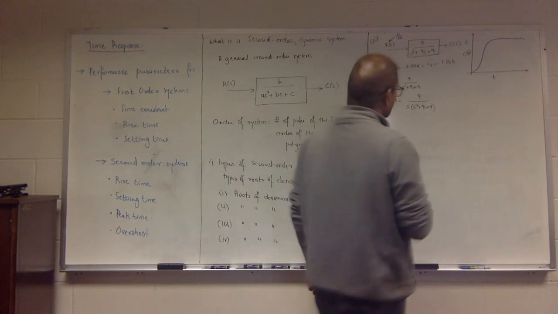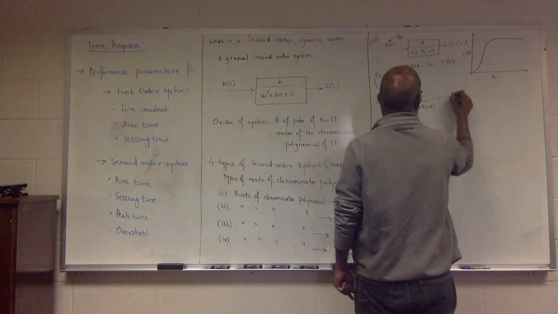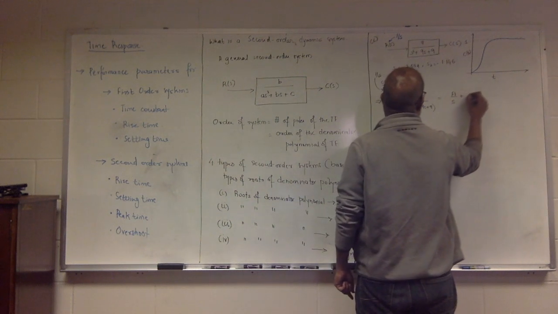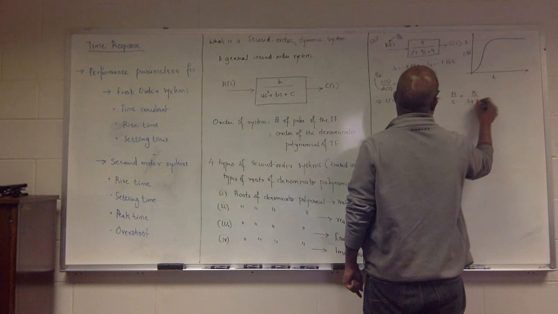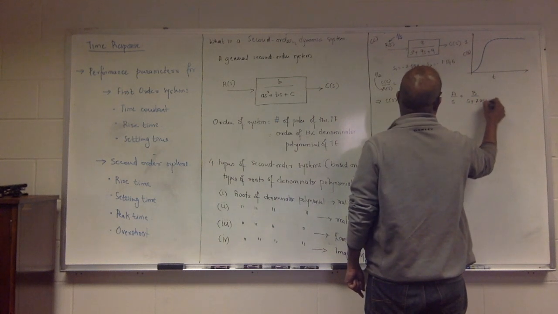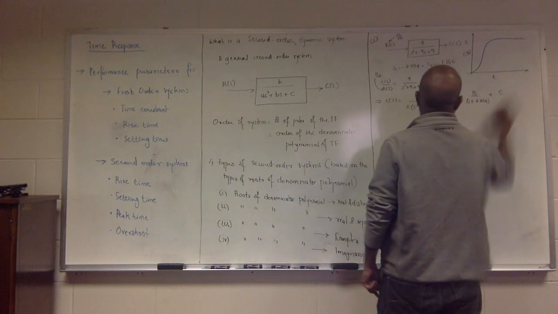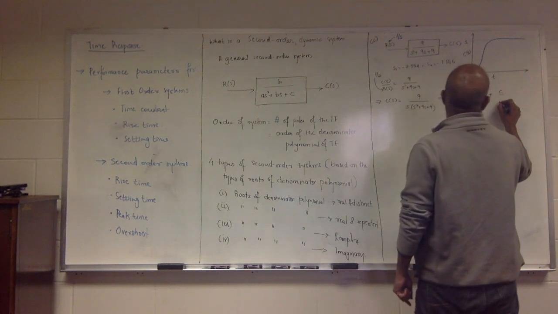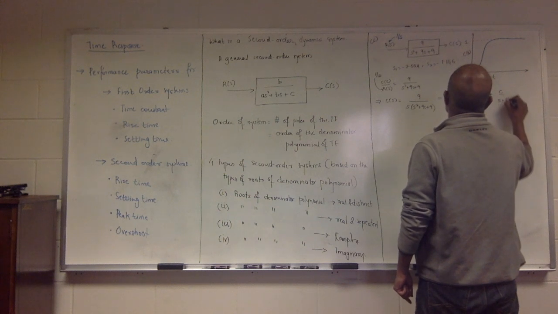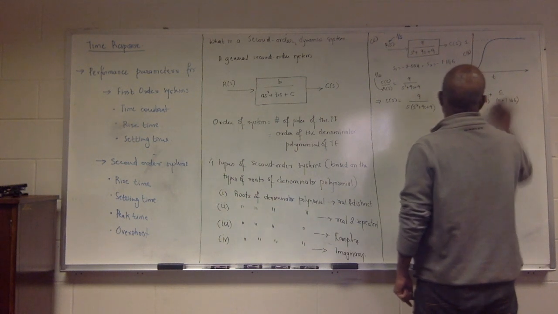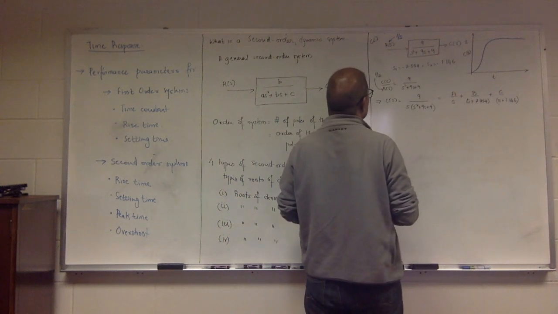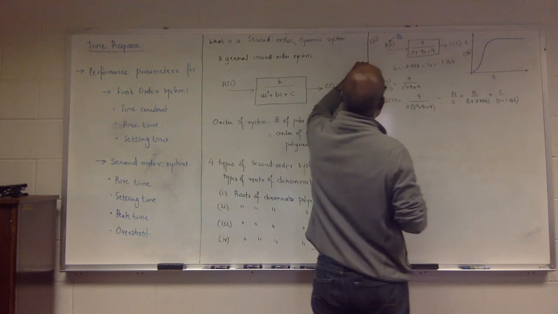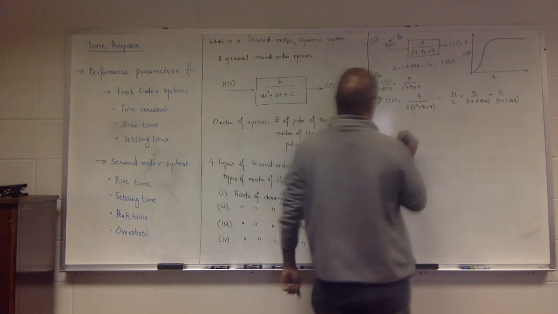And you can split this like this: A over s plus b over s plus 7.854, plus c over s plus 1.146. Okay. So you got C of s over R of s. What do you have going into R of s? 1 over s, a unit step input.